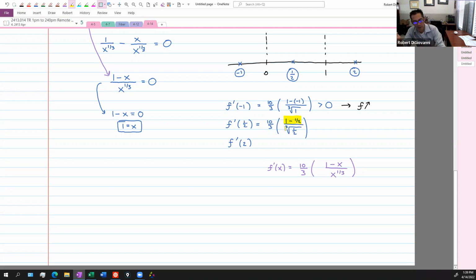Okay, and then what about the cube root of a half? I don't know what it is, but is it positive or negative? Positive, right? Because the cube root of a positive number should be positive. And then you're multiplying by 10/3, which is positive. So they're all positive as well, right? Everything's positive. So this should also be greater than 0, which means, again, that my original function is still increasing here, still increasing.